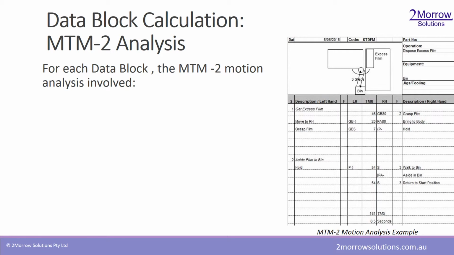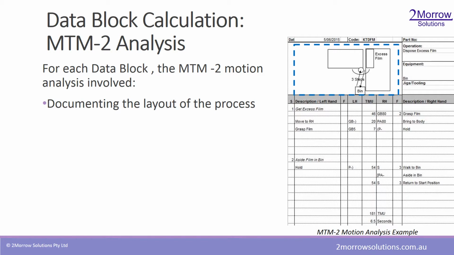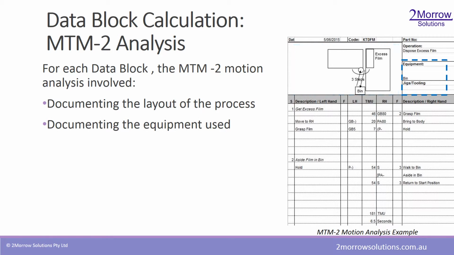For each data block, MTM2 is used to analyze the motions used in the process element and calculate a time for the data block. The MTM2 motion analysis involves documenting the layout of the process, identifying the position of the operator and how many steps were taken to perform the operation. Documenting the equipment used, including consumable items, jigs, and fixtures.